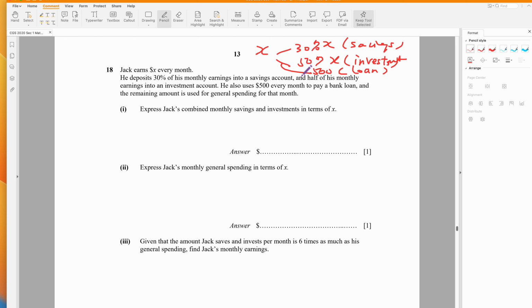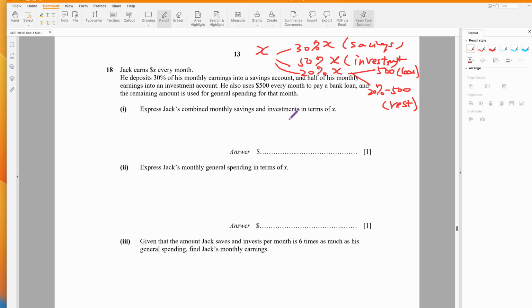So in a way there is 20% left, and from this 20%, 500 goes to the loan. Then 20% x minus the 500 is the balance. Does it make sense? So that's the diagram for this question.